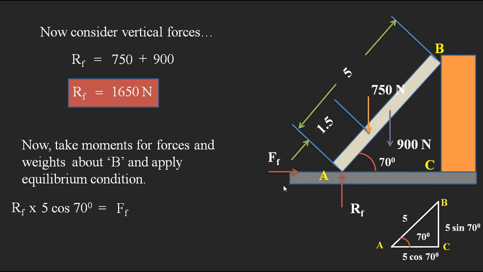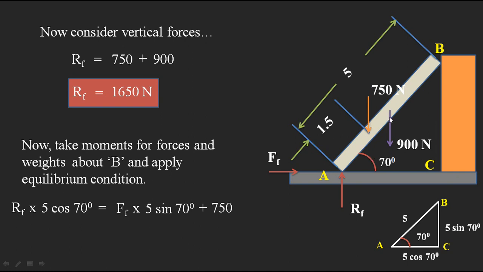So FF into BC becomes the required moment of the force of friction FF. What is the value of BC? 5 sin theta. So FF into 5 sin 70, plus the next force, which we have to consider, 750. For this 750 again we need to take the moment: force into perpendicular distance, the distance between the line through B and the line of action of the 750 newtons weight.